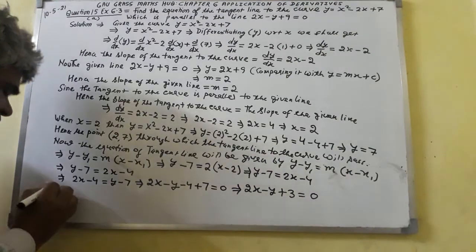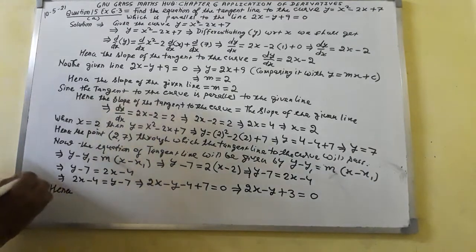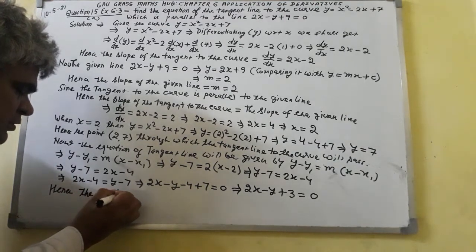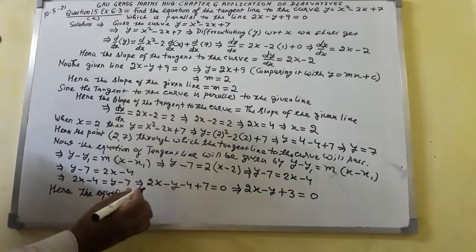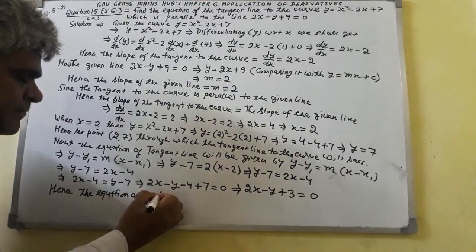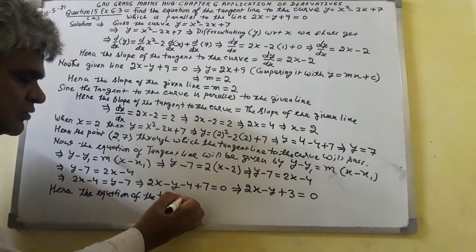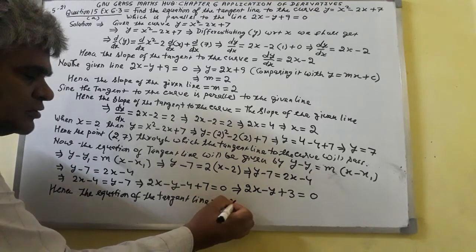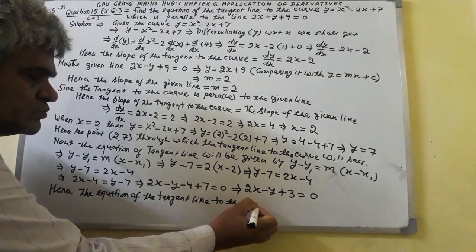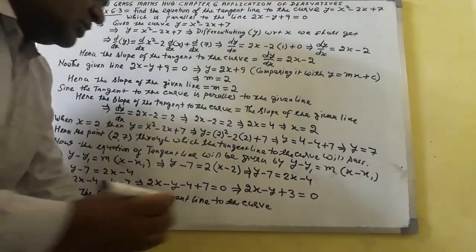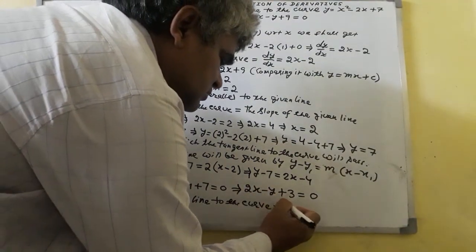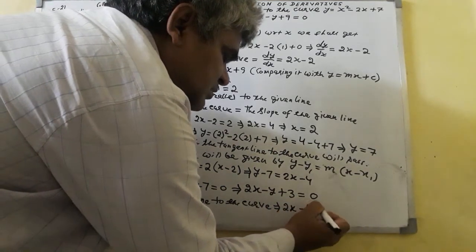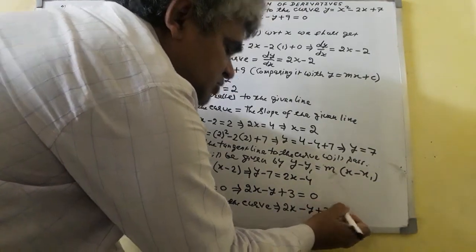So here I shall write, hence the equation of the tangent line to the curve implies that 2x minus y plus 3 equal to 0.